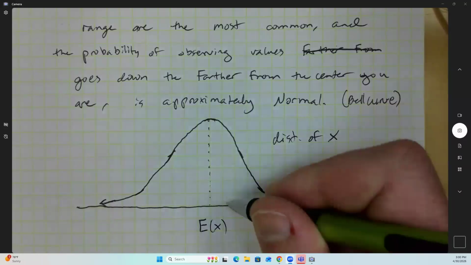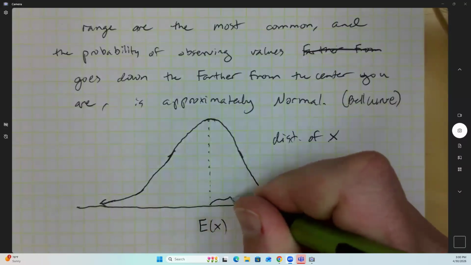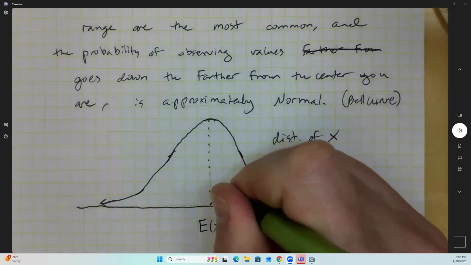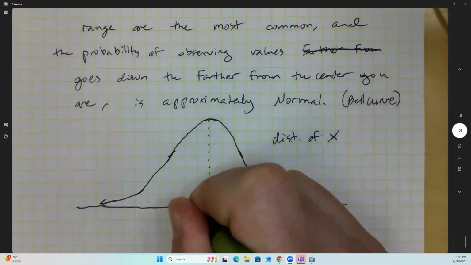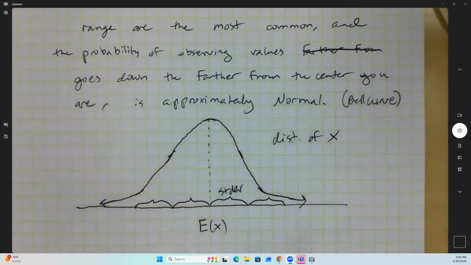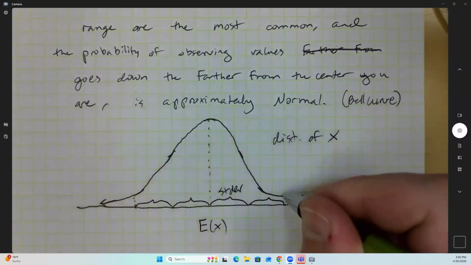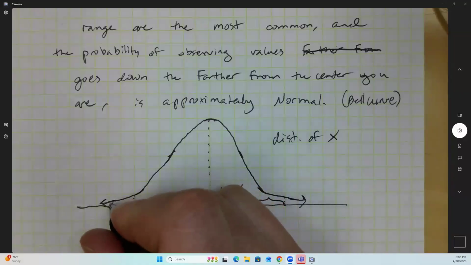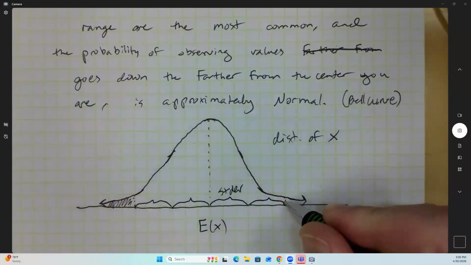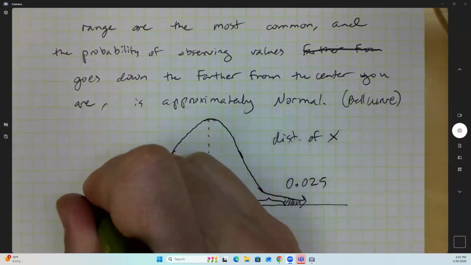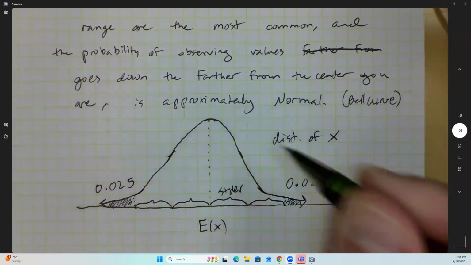It just so happens that with normal distributions, 2 standard deviations covers just about 95% of the data, with only 5% in the tails. So 2.5% in each tail, 0.025.